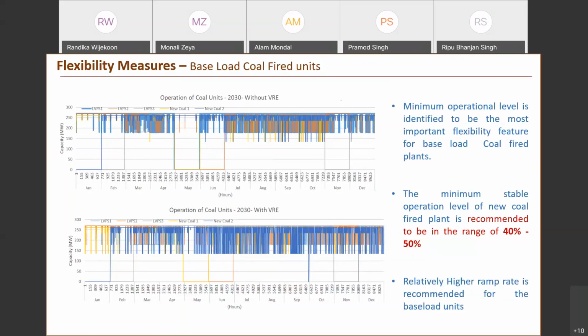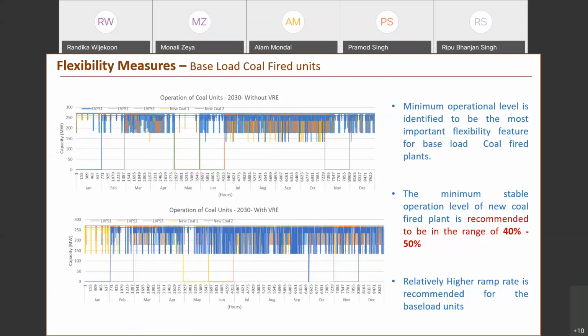Right. This slide shows how we expect our baseload units to perform flexible operation in the time to come. The two charts show the operation of baseload units in the year 2030, with and without variable renewables. We can see in the lower graph, when we have more VR in the system, even the core baseload units are expected to provide slightly more flexible operation and slightly lower minimum operational levels, and their frequency increases.